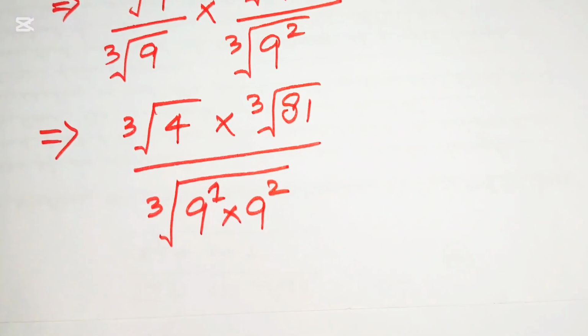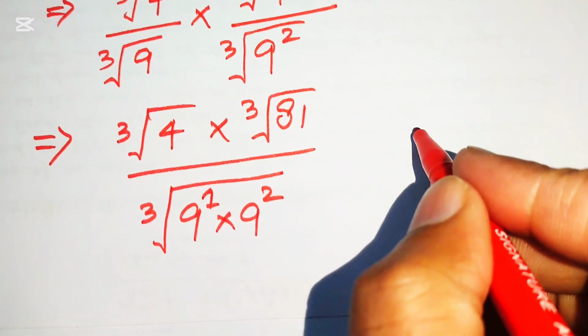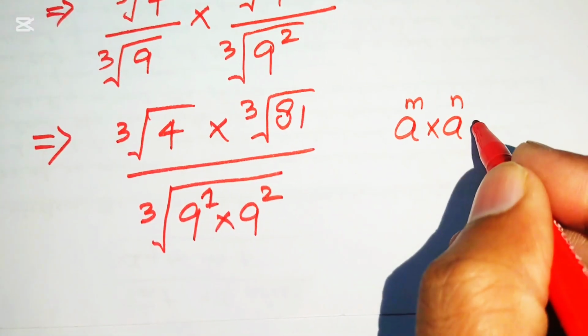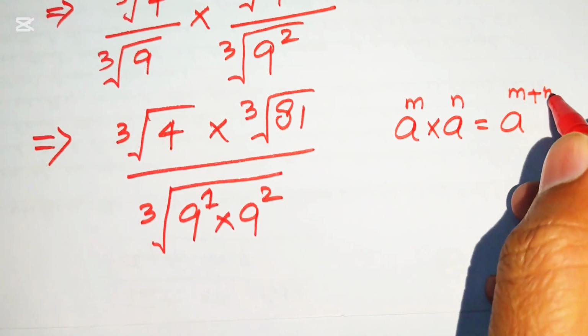After that, we need some working in the denominator, and we know that if you have a to the power of m multiplied by a to the power of n, it is written as a to the power of m plus n.